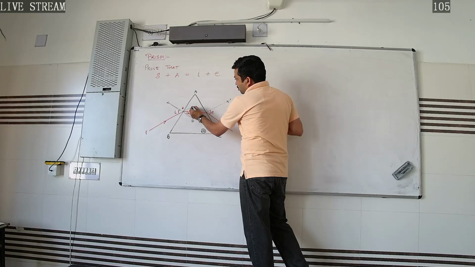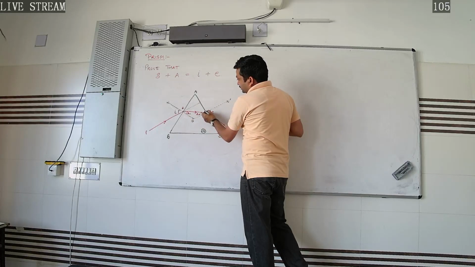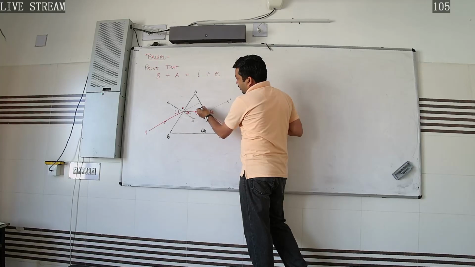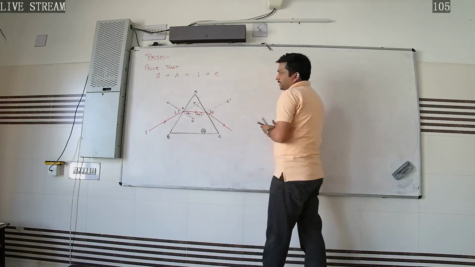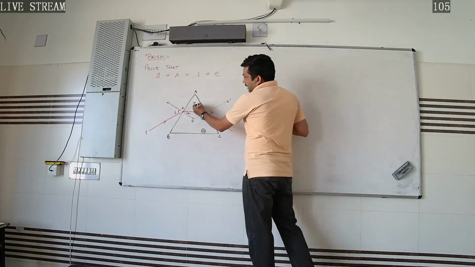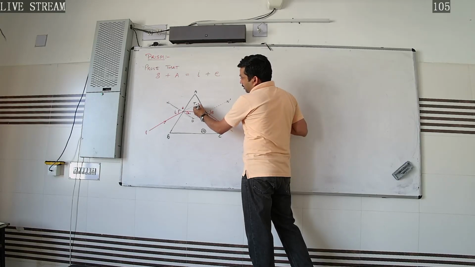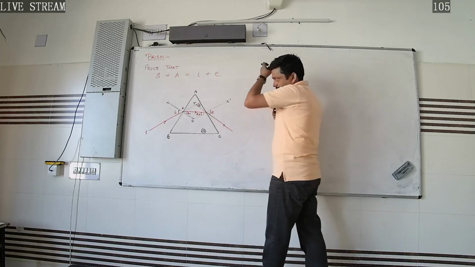Now, how much deviation this ray of light has suffered? In order to prove this result, what we will do, we will produce these rays of light, this incident ray in the forward direction and this emergent ray in the backward direction. At a point where these two rays of light intersect each other, let us consider that point is denoted as T, and here we got the angle of deviation, that is delta.